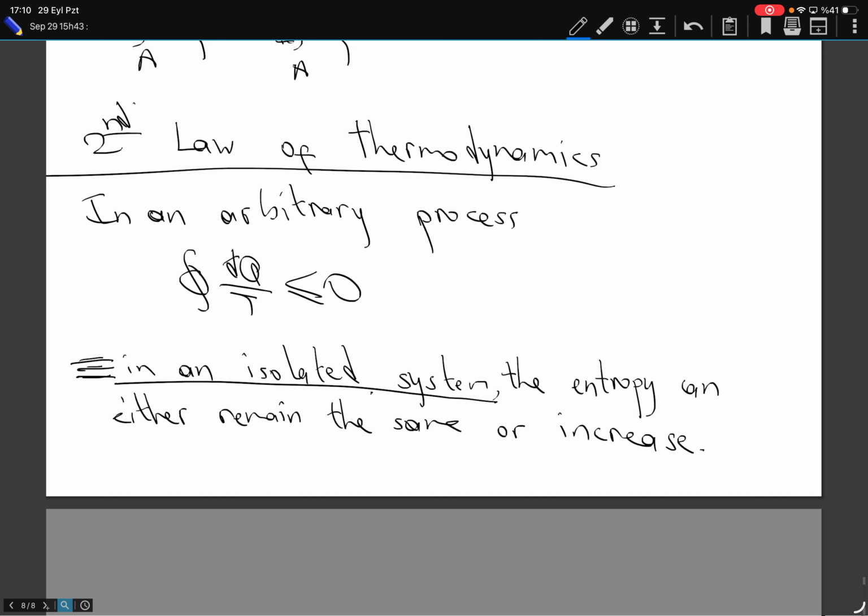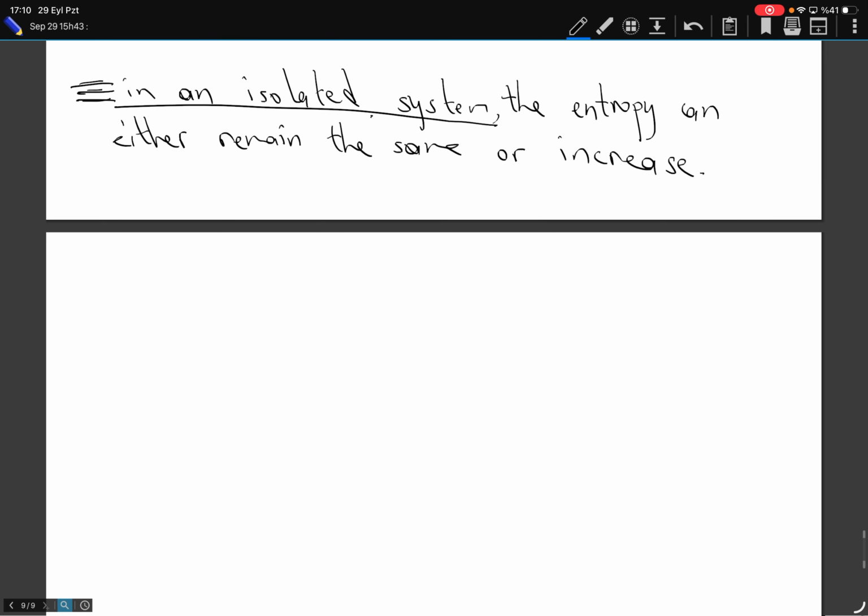Well, how are these two related? Let's say that I have a system, a piston. I just release the piston, and suddenly it expands on its own. This is an isolated process. So the system goes from point A to point B. This is the PV diagram.